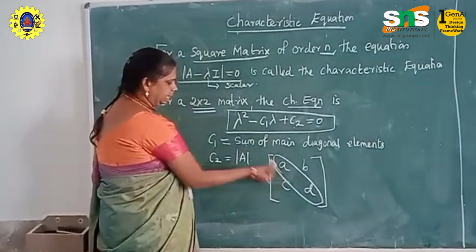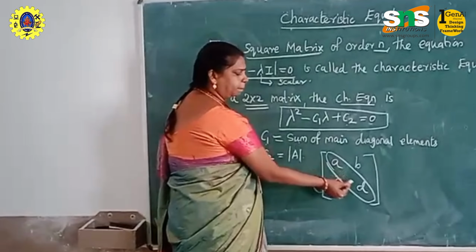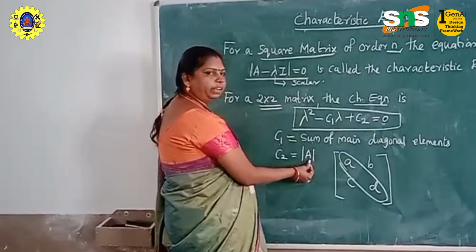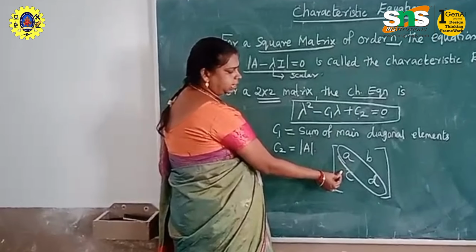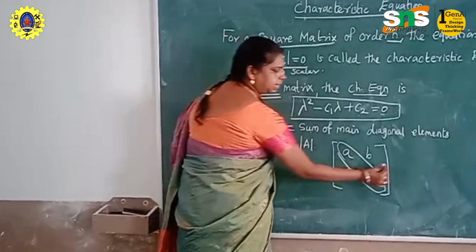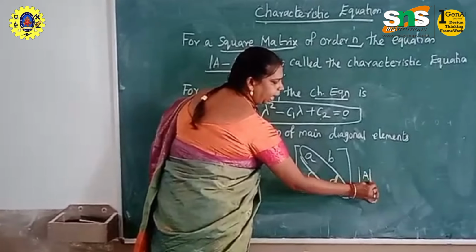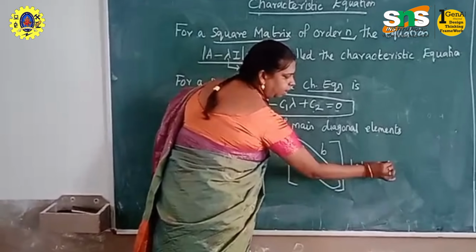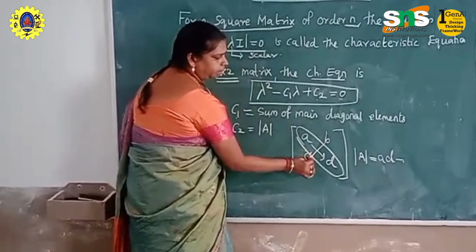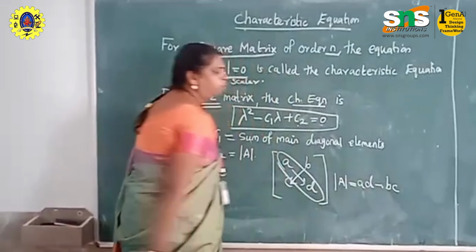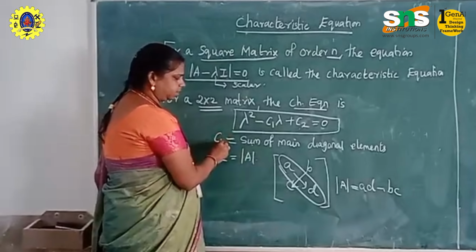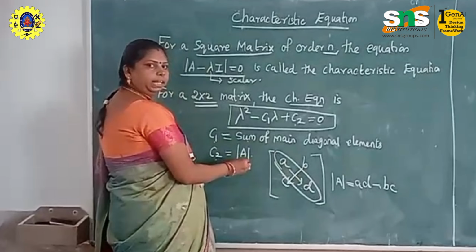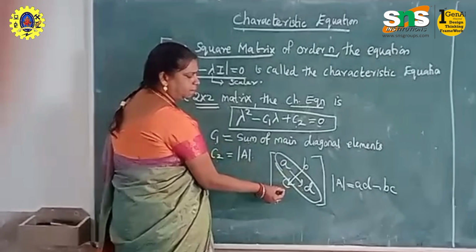So for this matrix, C1 takes the value A plus D. Then C2 is nothing but the determinant of A. So if we find the determinant of the given matrix, determinant A will be given as AD minus BC. So for a 2 cross 2 matrix, we have C1 as the sum of the main diagonal, C2 as determinant A, that is AD minus BC.